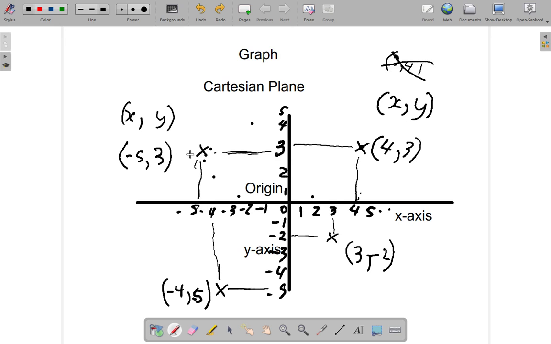So those are the x coordinate first in the bracket, comma, and the y coordinate. So the x ordinate and then the y ordinate. So what you have here are 4 points. Always put the x first. Which number is the point above or below?